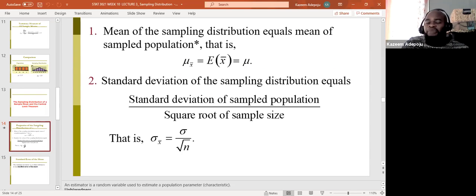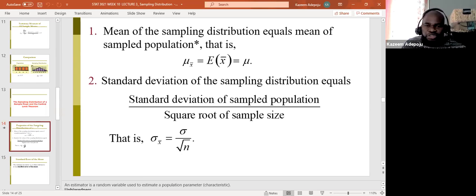Now, the central limit theorem is just trying to tell us that we know the population may not be normal. What are we going to do? Something needs to be done.